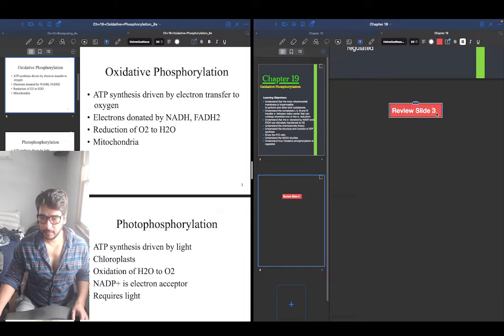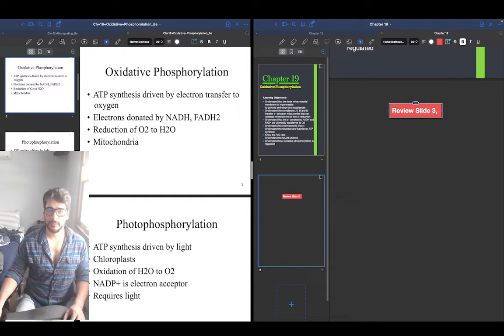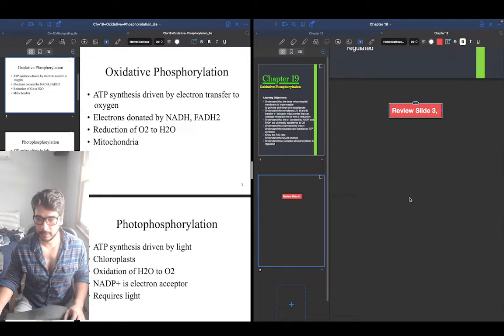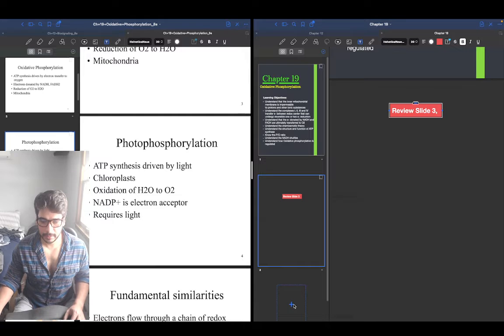Review slide 3, because right now it's not really telling me much. Slide 4. Actually, 4 is pretty explanatory. So let's go to slide 4 and let's create that.